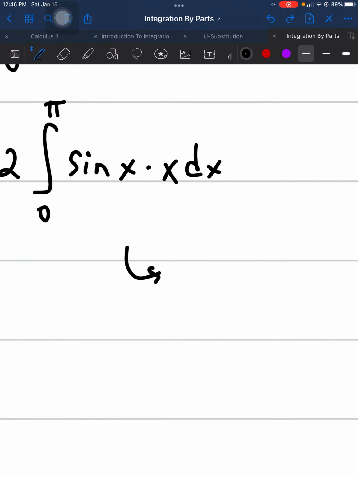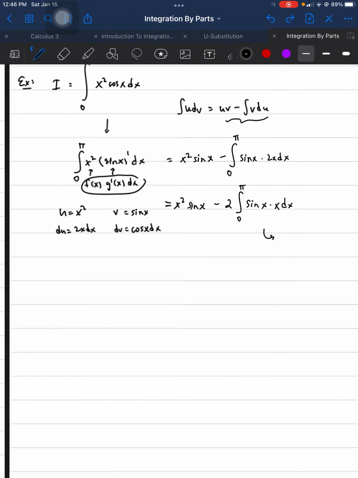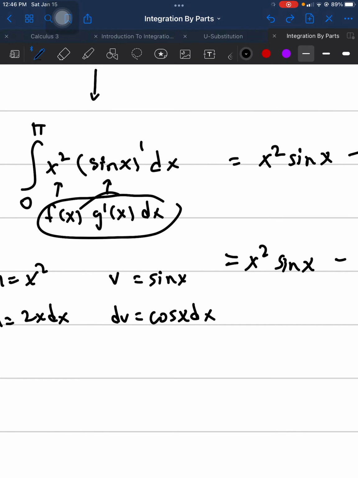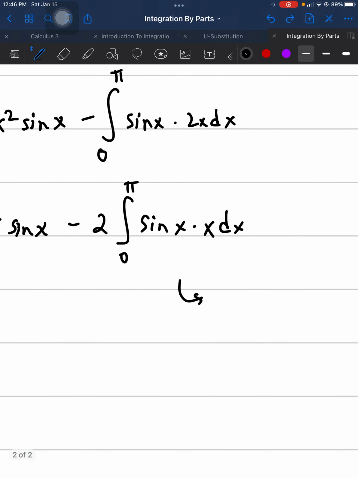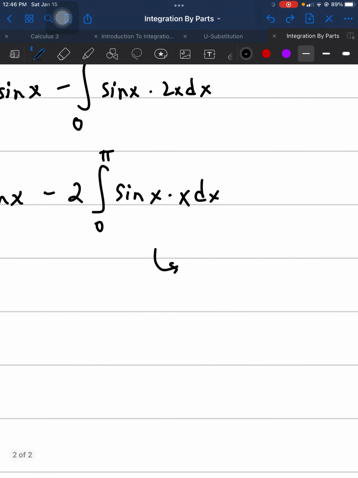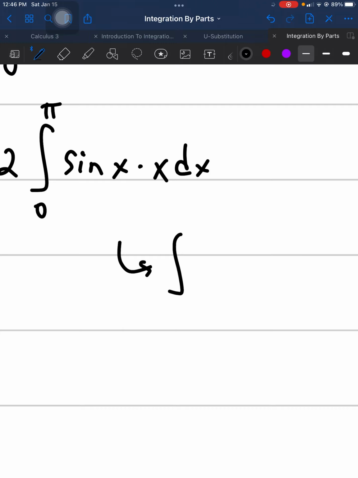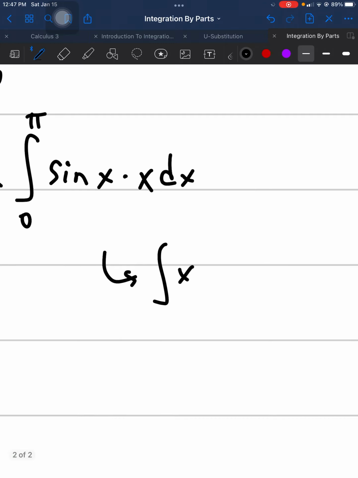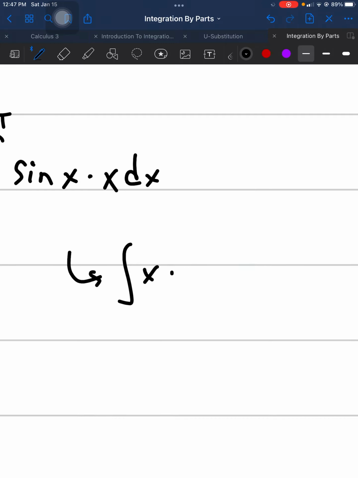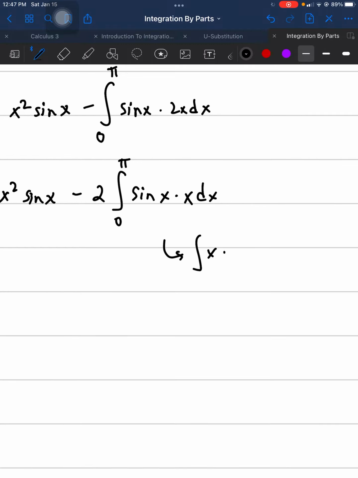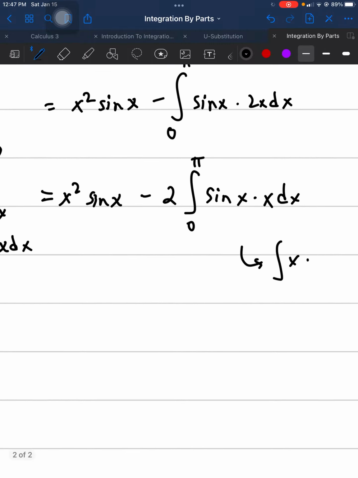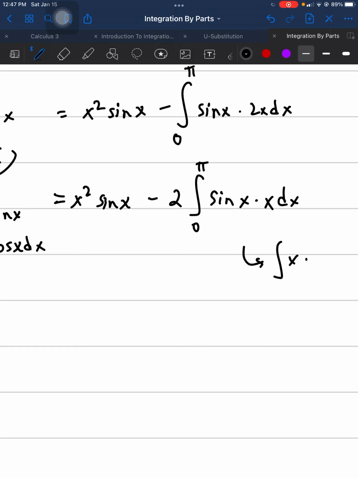In order to make this look like that form, we write x, that's f of x, times, the integral of sine x is negative cosine x.